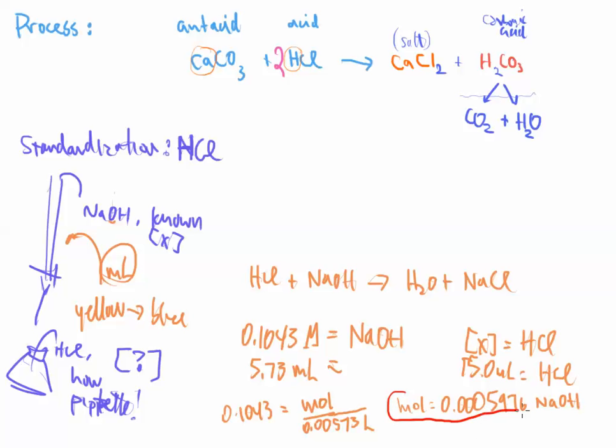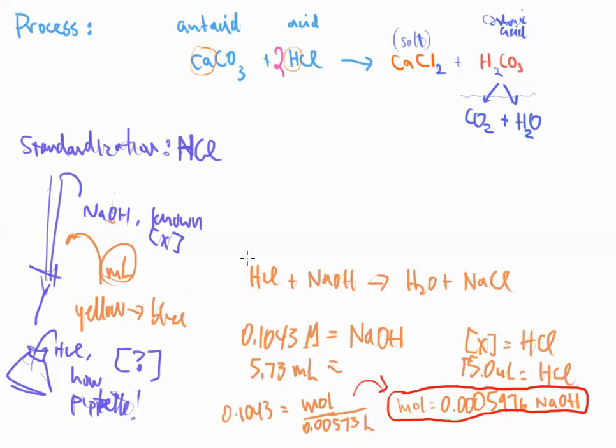All right, so I'm going to circle that number, and that comes straight from the molarity problem. So it took this many moles of sodium hydroxide to neutralize my hydrochloric acid that was in this flask down below.